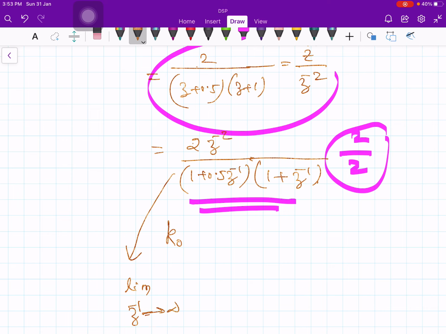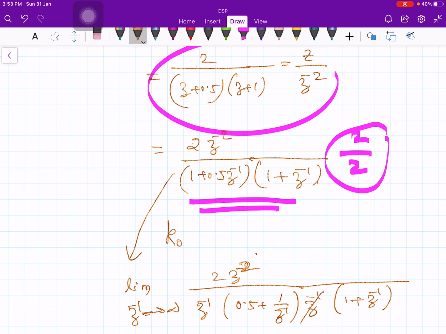Therefore 2 times z inverse whole divided by, you take z inverse here, 0.5 plus 1 by z inverse, and here you take one more z inverse, 1 plus z inverse, like this. So this z inverse, this is z to the minus 2. The numerator, this and this will get cancelled.